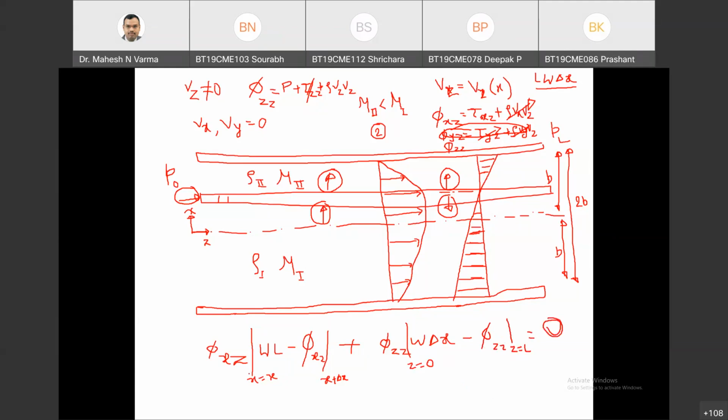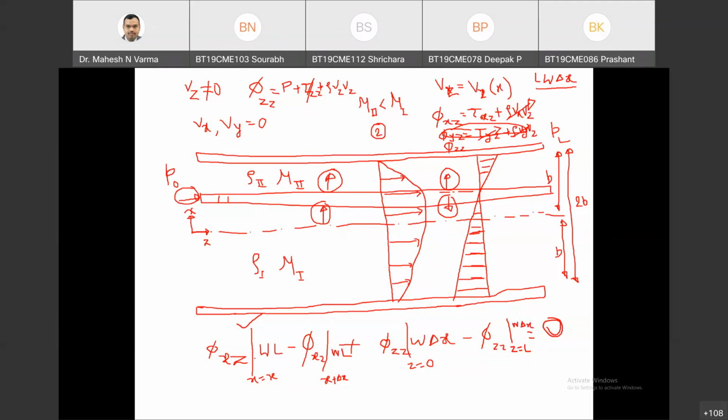So the rate of momentum coming into my differential shell in x direction, rate of momentum going out, all into area, W into x.